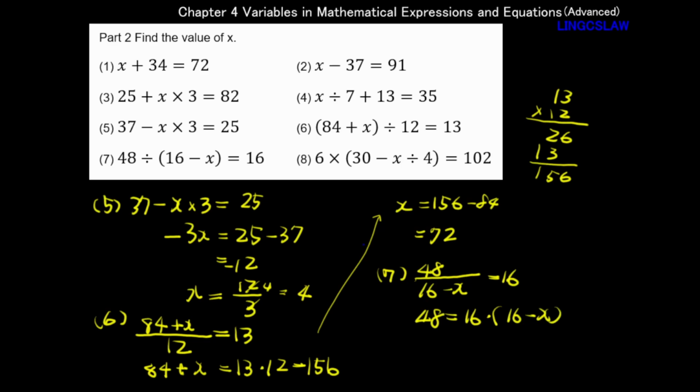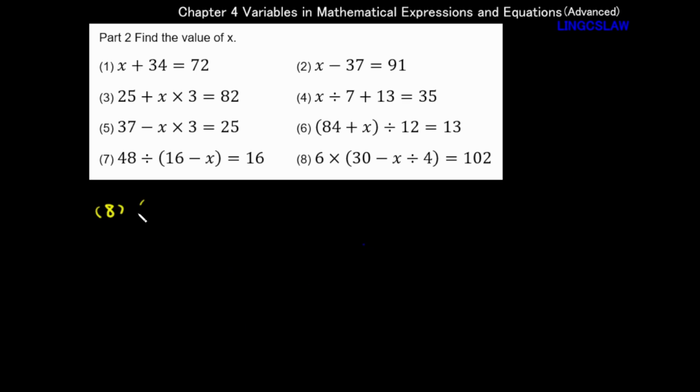And before using this distributive property, just divide both sides by 16. Okay, so 48 divided by 16 equals 16 minus x, and this would be 3. So add x to both sides and subtract 3 from both sides. So x equals 16 minus 3, which equals 13. So this is it.